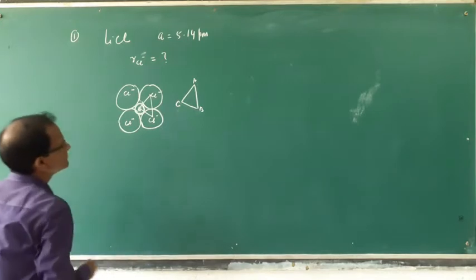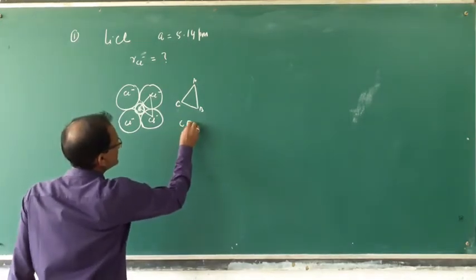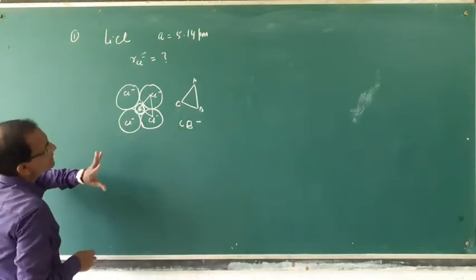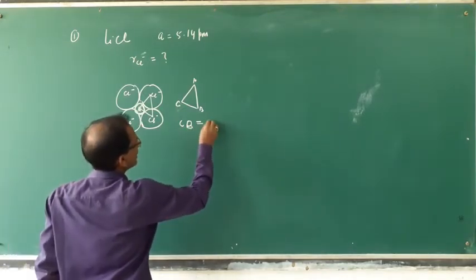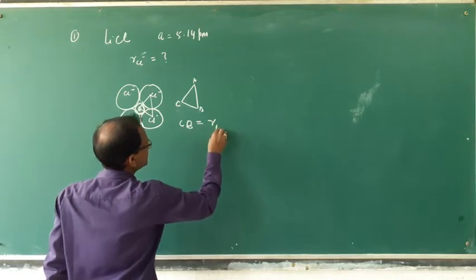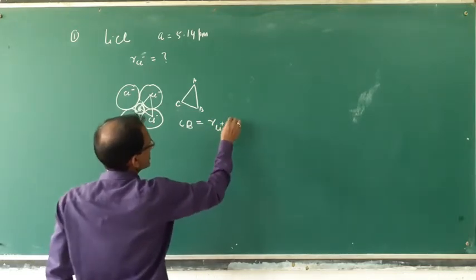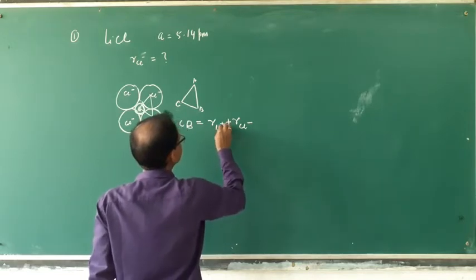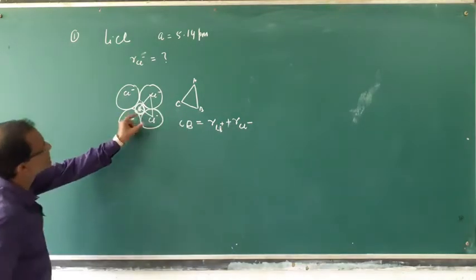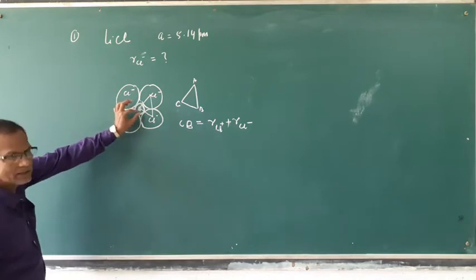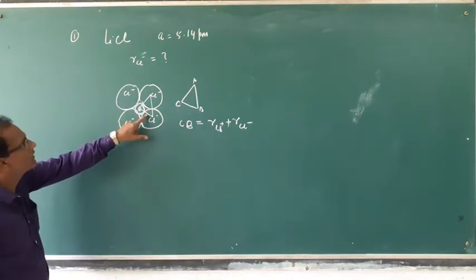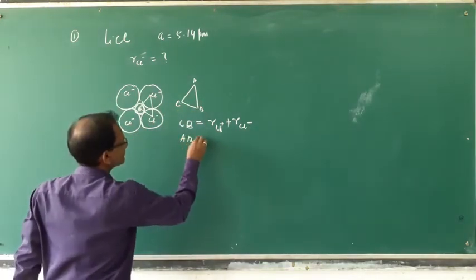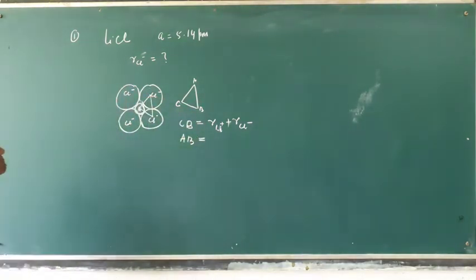CB, that is CB is equal to R of lithium ion plus R of Cl minus ion. Because this is the one cation radius and one anion radius. But AB, how much?